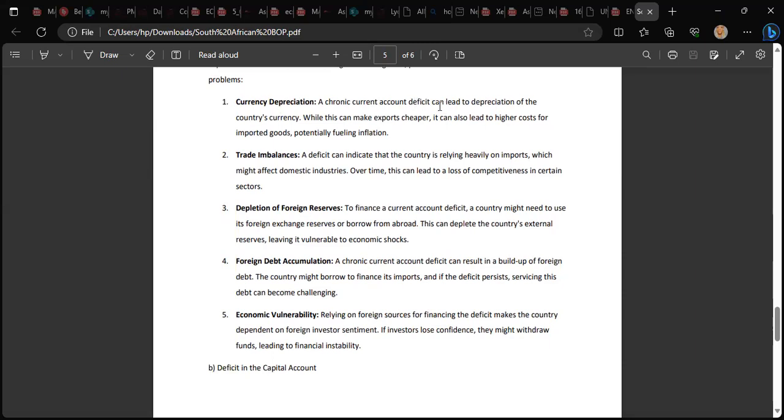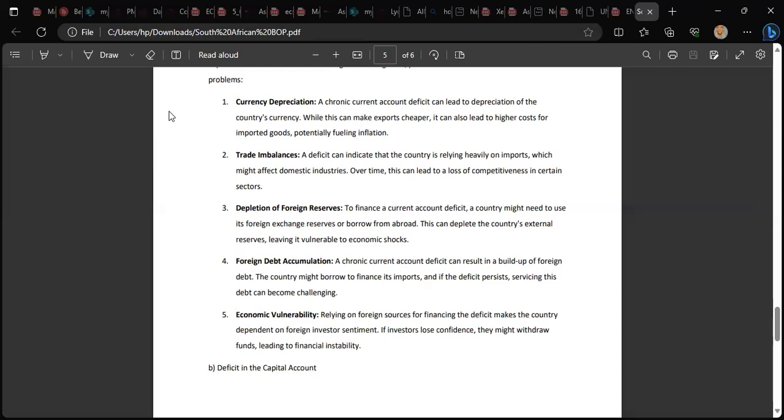It means there is low demand for our products, right? Basically, it can lead to a depreciation in the currency. Why so? Because nobody wants our currency, so the value of our currency is going to go down. While this can make exports cheaper, it can also lead to higher costs of imported goods, potentially fueling inflation.